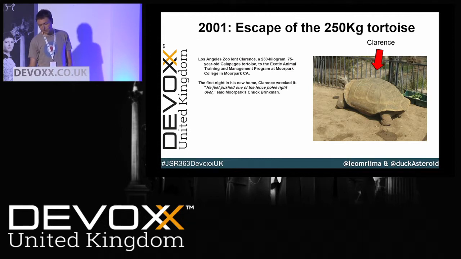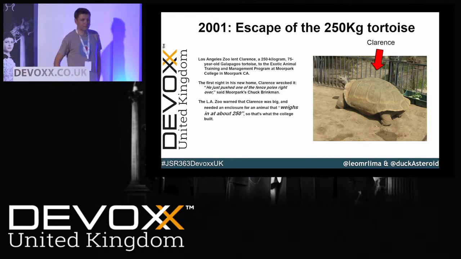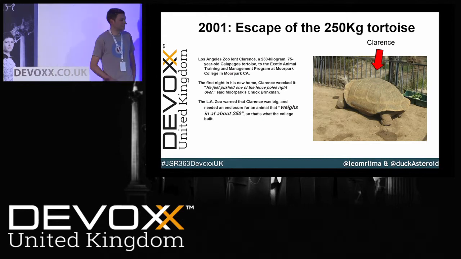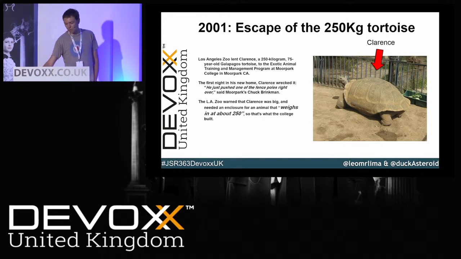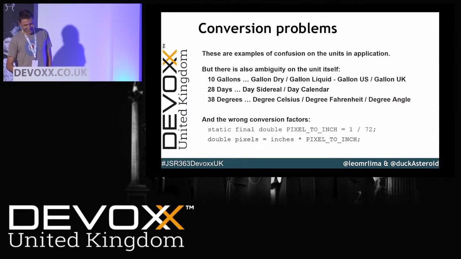And when they gave them the specifications for the, what do you call a thing that a tortoise lives in, a hutch compound, when they gave the specifications, they said she weighs 250, and they didn't specify the units. So they built a compound to cope with a 250-pound tortoise, and the 250-kilogram tortoise walked through it like it was matchsticks, basically, and wasn't there. And off she went round Los Angeles.